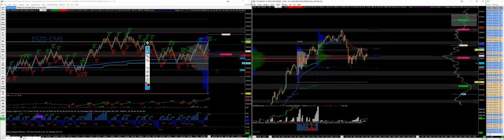Or you may argue that it has already had its extension and it's now correcting. So, scenario 1 for today in blue. We're opening right in the value area. Currently trading at around 41.5.